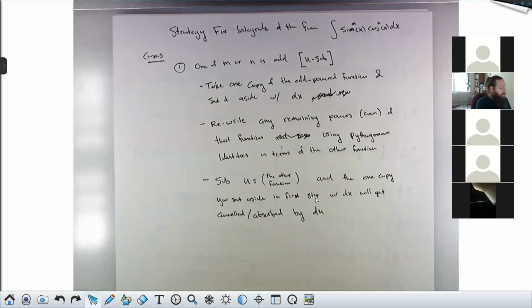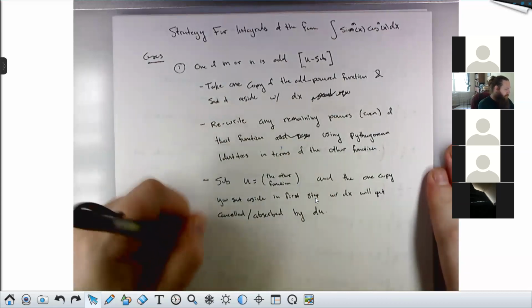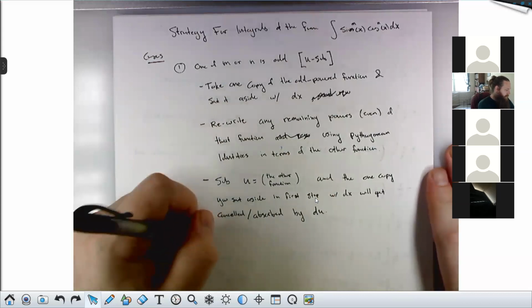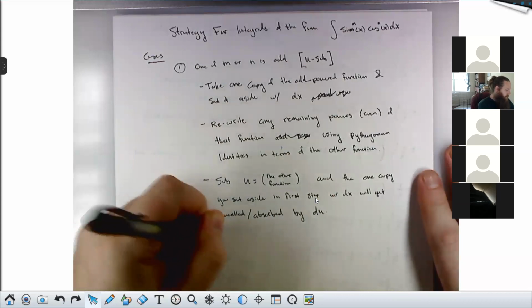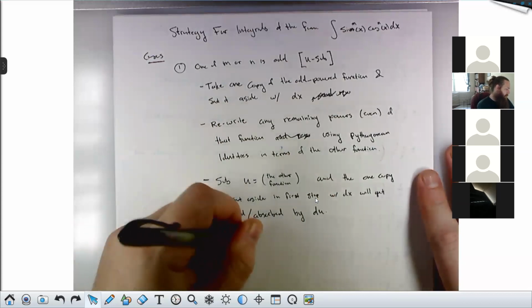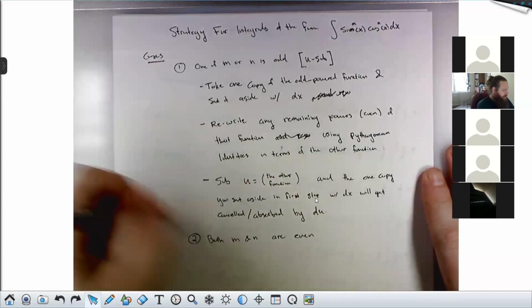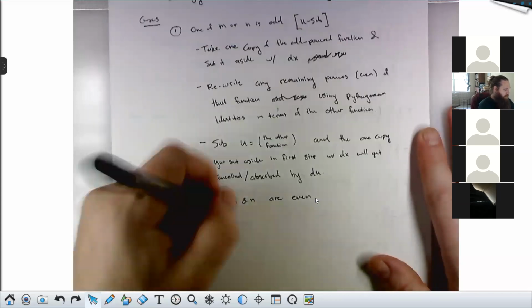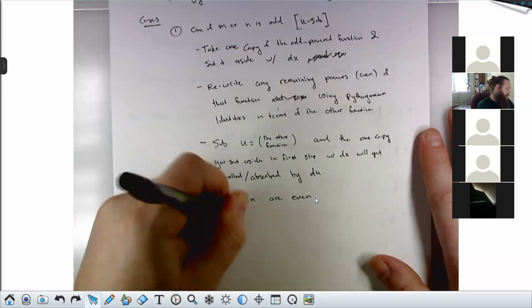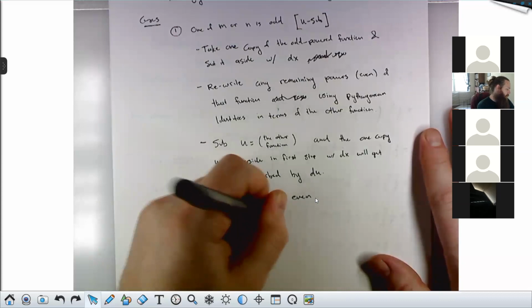The other case is neither m nor n are odd. In other words, both m and n are even. In this case, you're just going to grind with the half angle identities.